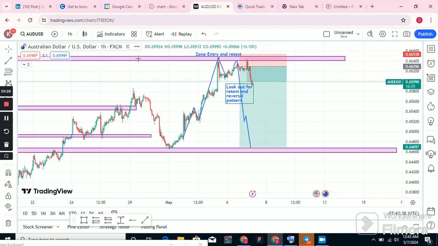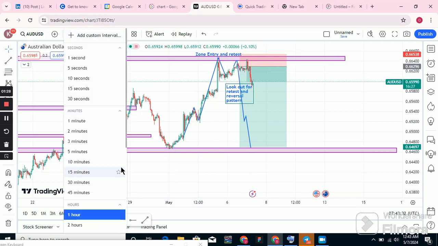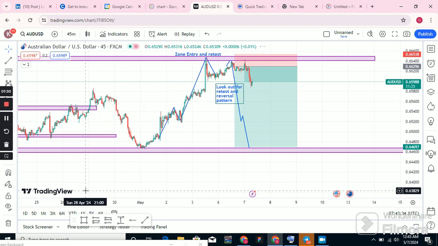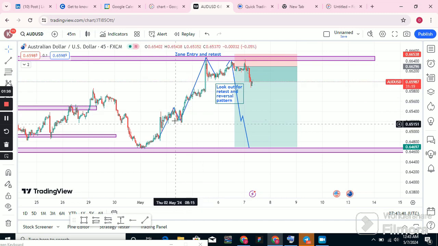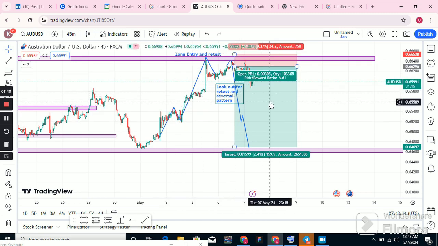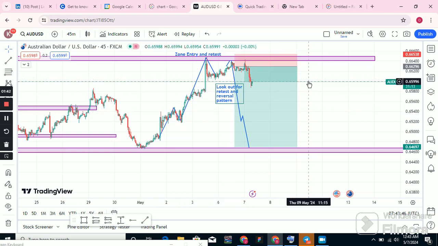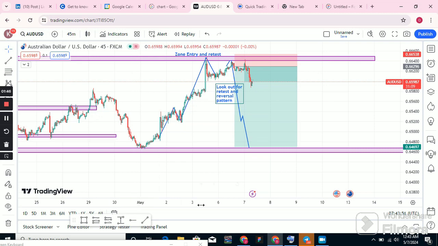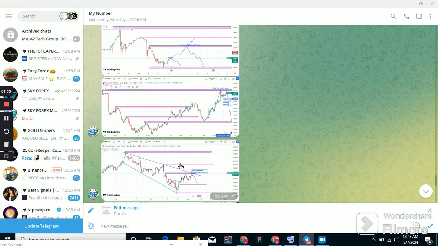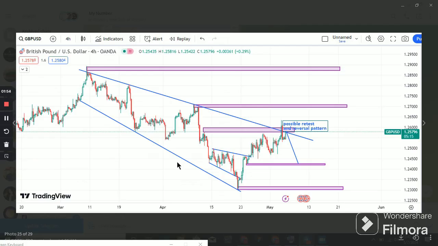When we go to the 45 minutes time frame, you can see something like an inverted hammer there, if you can see it. And so the market is at around 1 to 1.5 now.